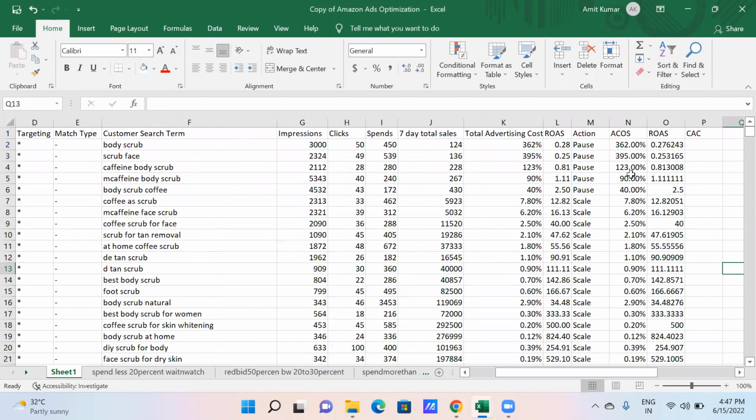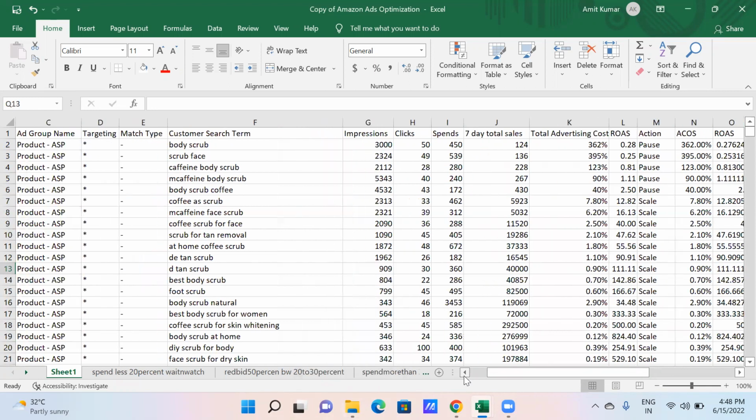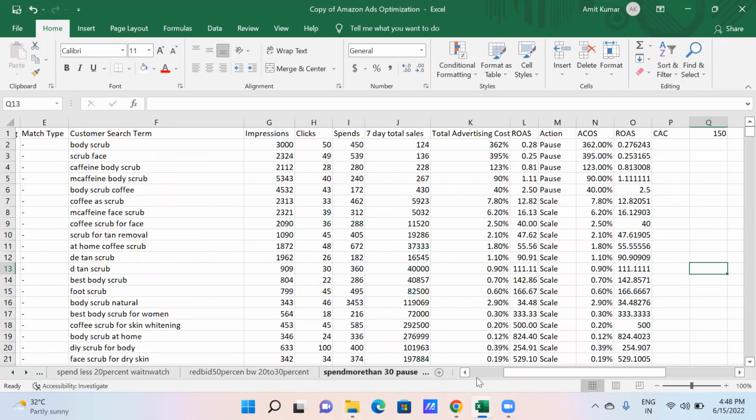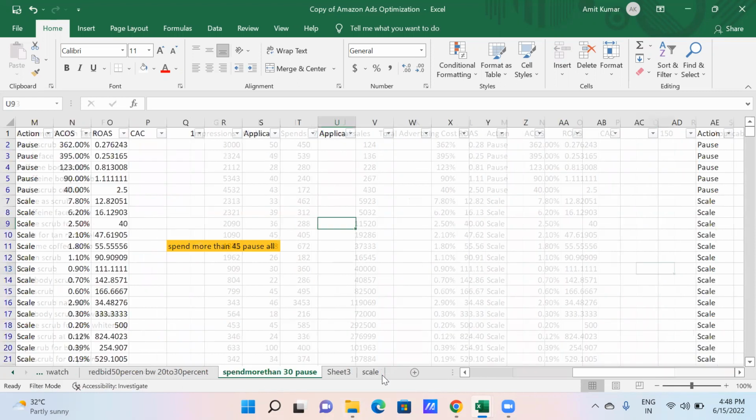So if you see these three, they have to be removed straight away. These campaigns or ads need to be paused immediately. What I've done is filter this and I got these three. After filtering, you will get the ads which need to be stopped.